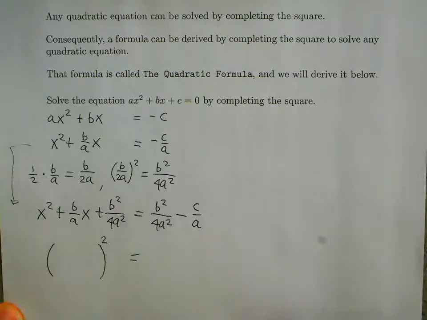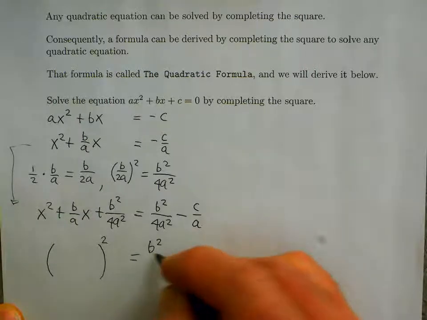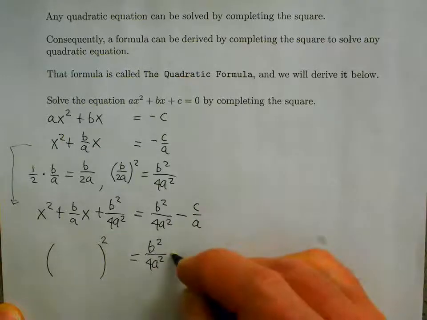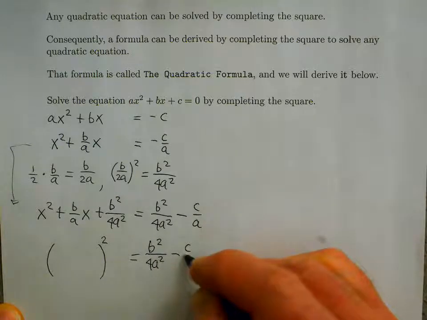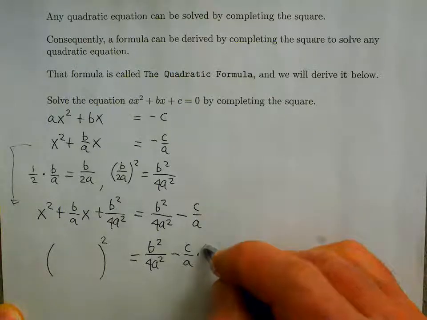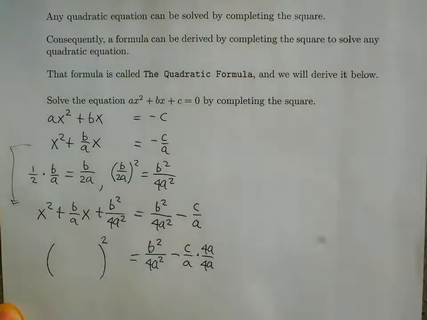On the right-hand side, the least common multiple of the denominators is 4a to the second. So we'll leave this term, b to the second over 4a to the second, the way it is, and we'll multiply negative c over a by 1 in the form 4a over 4a, so that we'll get a common denominator of 4a to the second.